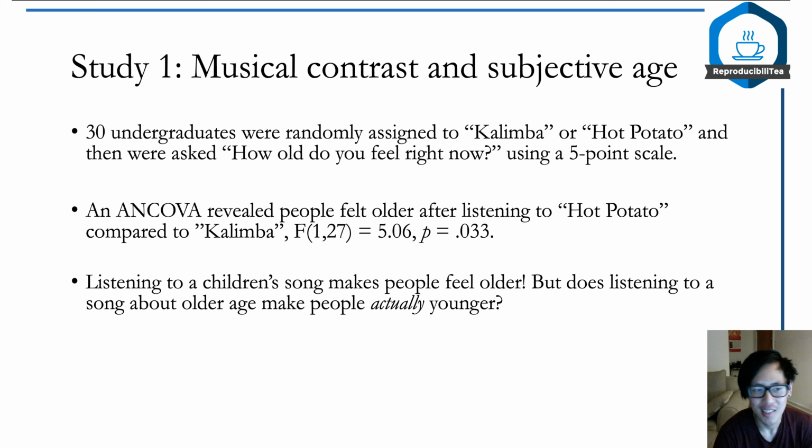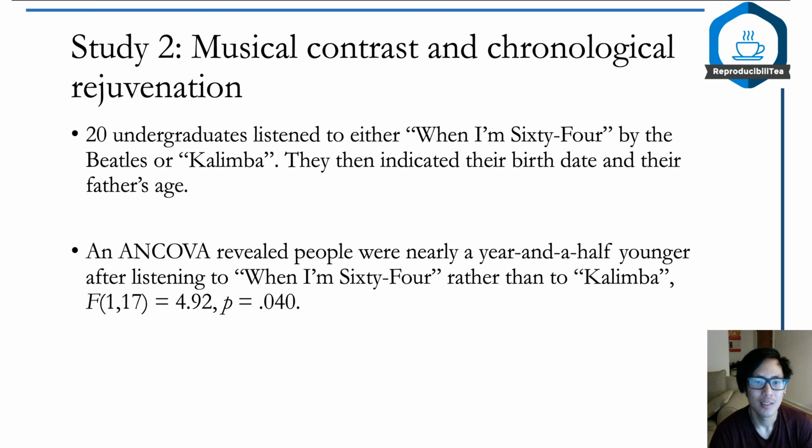But does listening to a song about older age actually make people younger? Let's see. In the second experiment they ran, the cheekily titled Musical Contrast and Chronological Rejuvenation, the authors got 20 undergraduates to listen to either When I'm 64 by the Beatles or Kalimba, the same control condition from the first experiment. They then indicated their birth date and their father's age.